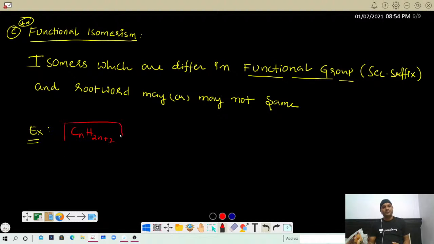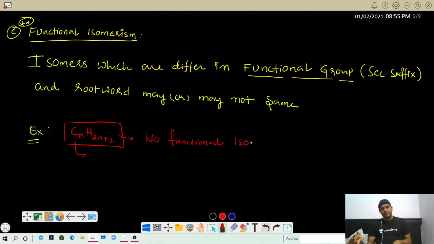So this is the hydrocarbon formula, because the compound contains carbon and hydrogen only. In this case, no functional isomers are possible. If a compound obeys this formula, then simply we can say functional isomerism is not possible.